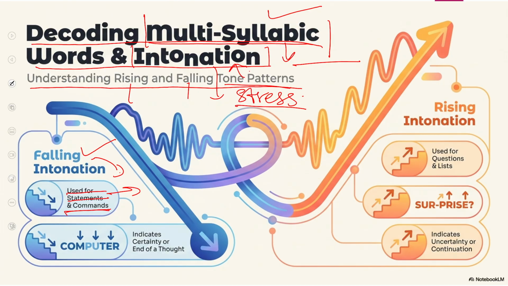For orders we use falling intonation. Look at this: computer. Com is the first syllable, pew is the second syllable, and ter is the third syllable. This is a tri-syllable word. Computer indicates certainty or end of thought, right?